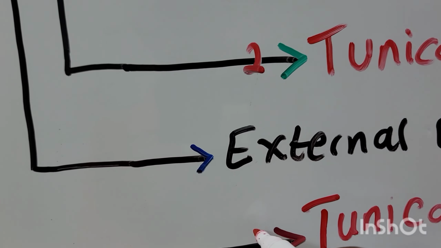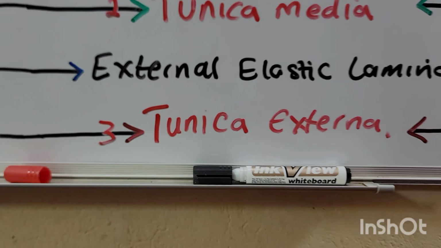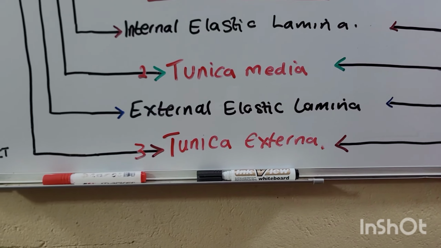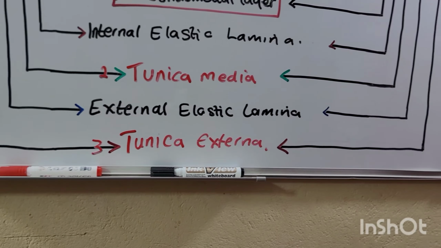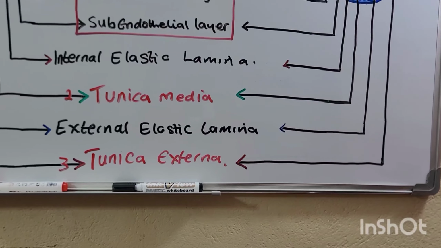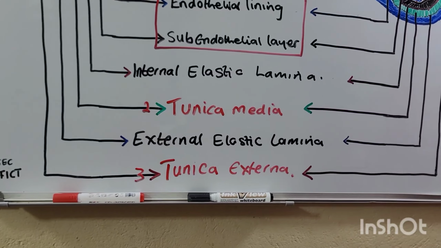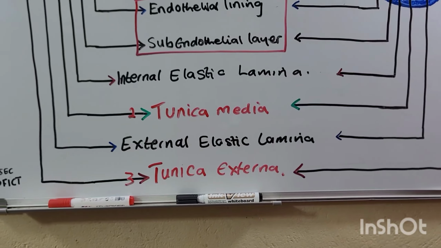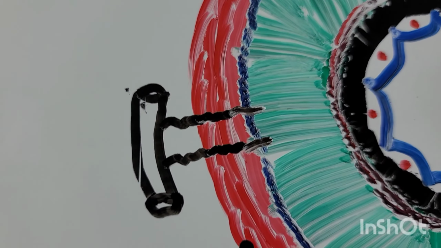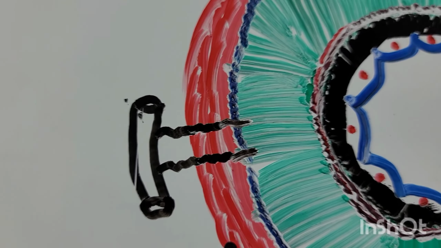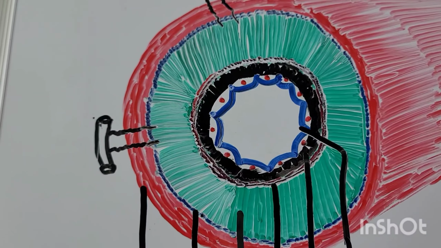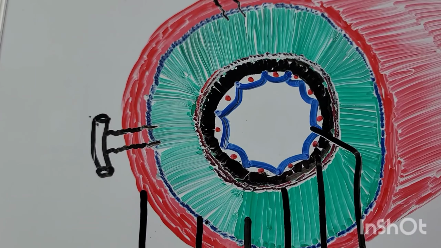It's the outermost layer, serving roles like protection, anchorage to the surrounding structures, and also regulating the stretchability of these blood vessels. And you also have blood vessels supplying blood to the tunica externa and even some little part of the external parts of the tunica media.